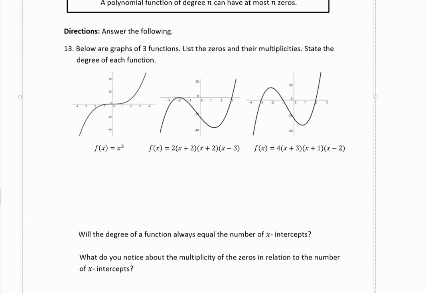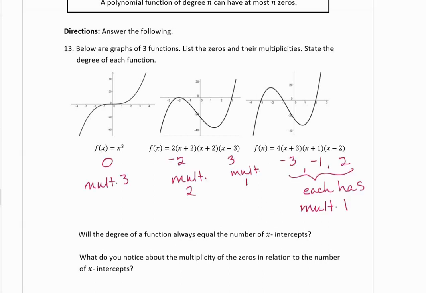So look at problem 13. Below are graphs of 3 functions. We want to list the zeros and their multiplicities and state the degree of each. Okay, so I have all my zeros listed out and their multiplicities. And I'm also asked to state the degree of each function.